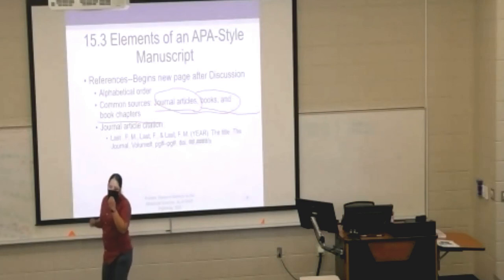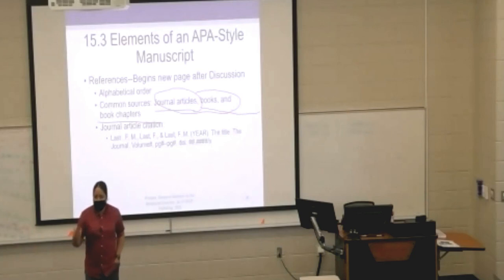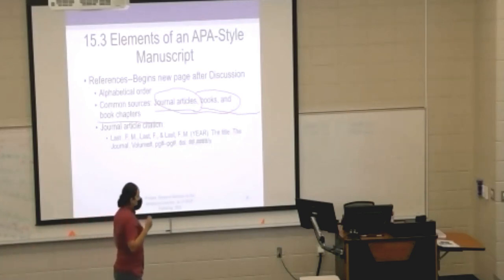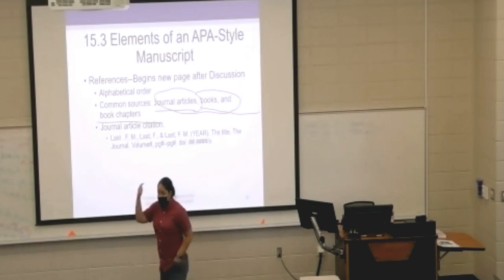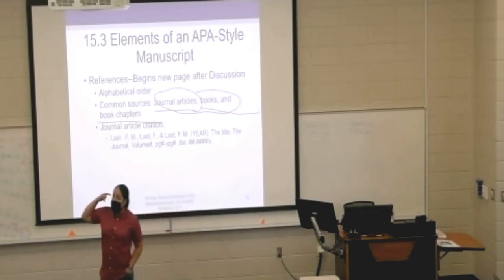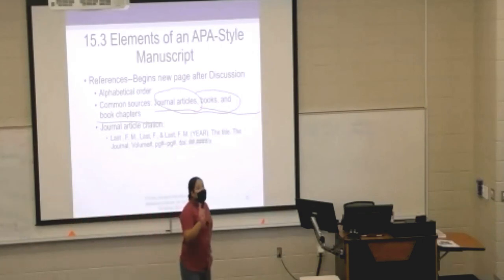That's why I am so cautious when a student presents a book or a book chapter as a reference. Because most of the time, books are not revised with the same scrutiny, the same process, the same presentation, the same scientific adequacy as you would in a journal article.